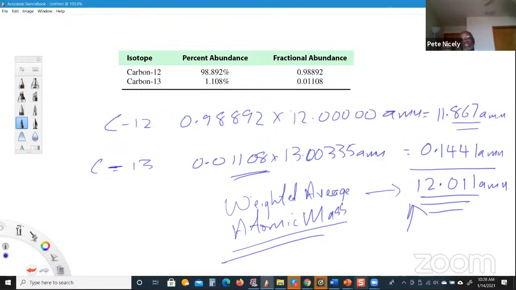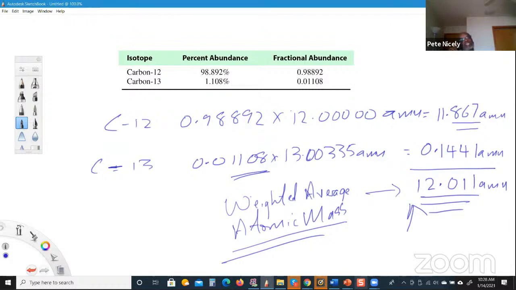Now, before I leave this, there's one thing I want to say to you, and this is oftentimes a source of confusion for students. Please note that the weighted average atomic mass is not the same thing as the mass number, right? Every semester that I've taught chemistry, students have always confused the two, all right?